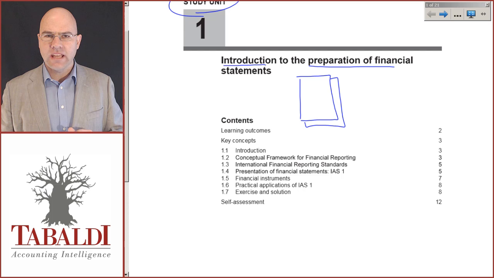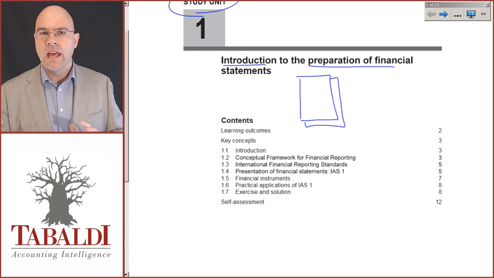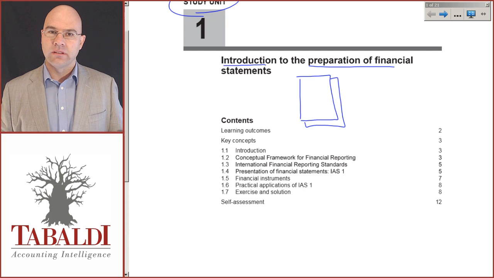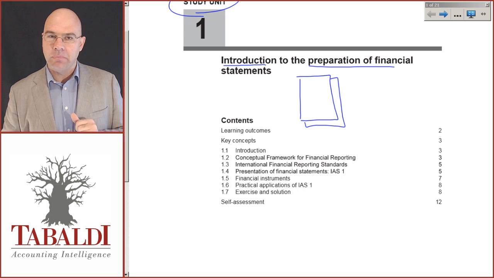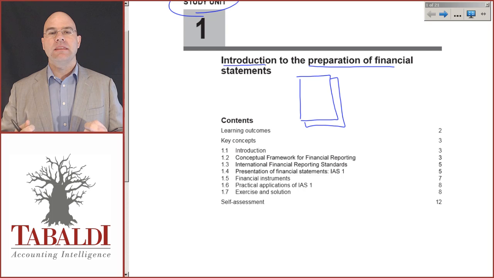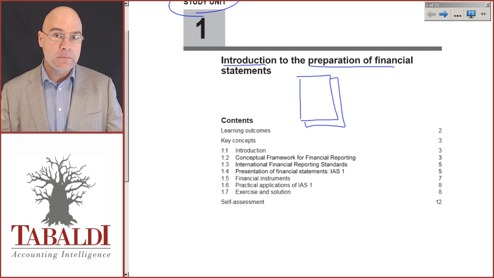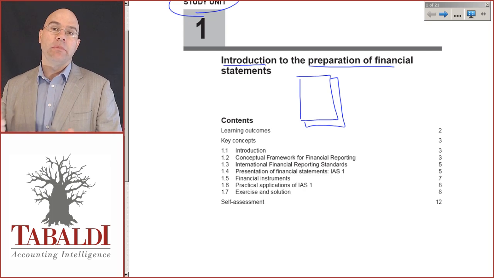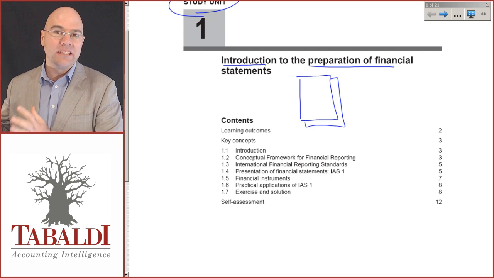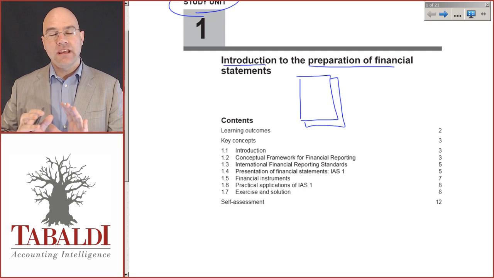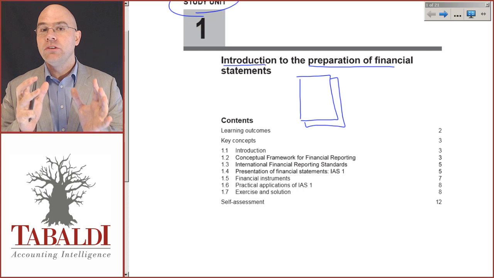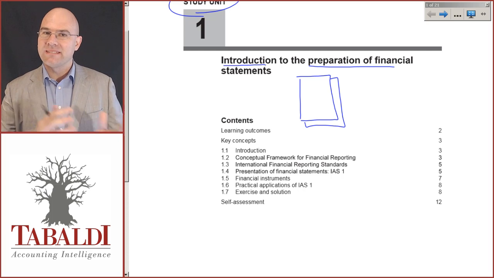Then there's a cash flow statement, statements of changes in equity, and all the notes that are attached to that set of financial statements. Now that all comes together in a nice big pack, and that is prepared by the directors of the company, and the company will generally be audited or reviewed by an independent party, and then the financial statements are given out to the users, most notably investors and lenders.